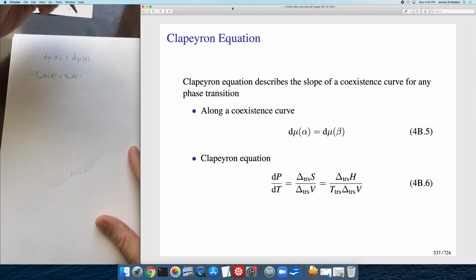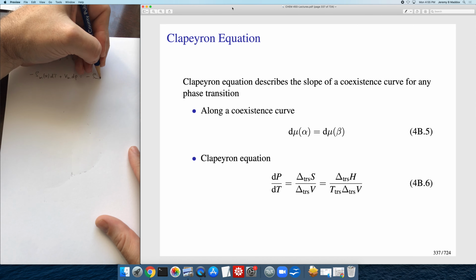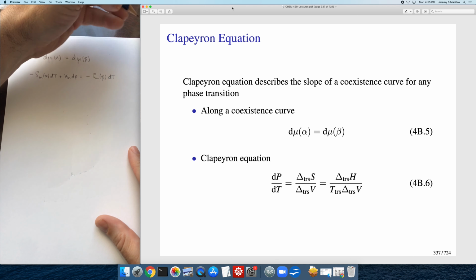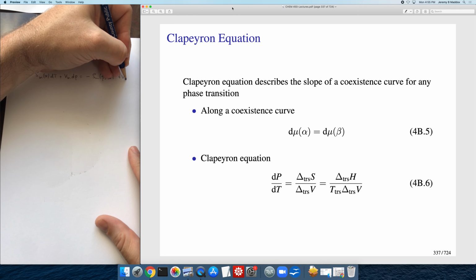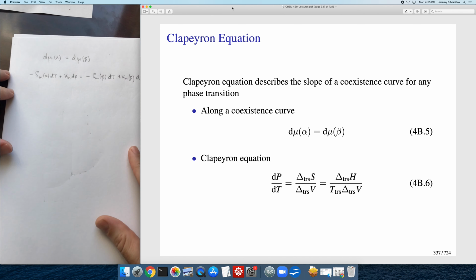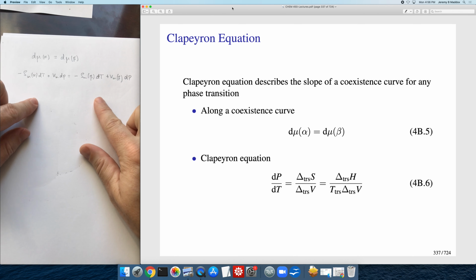And you can do the same thing for the beta phase on the other side: minus Sm beta dT plus Vm beta dP. And so now you start rearranging the equation and solve for dP over dT.